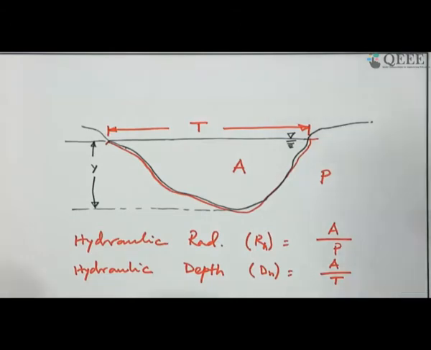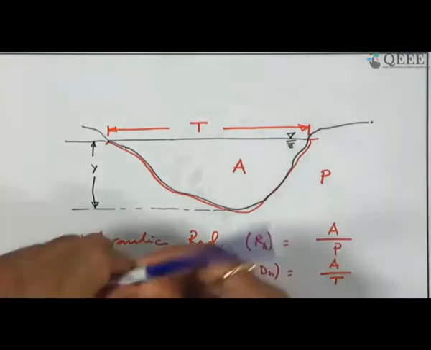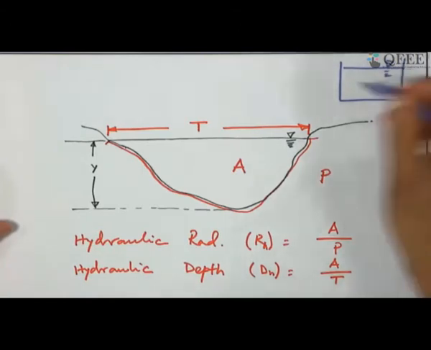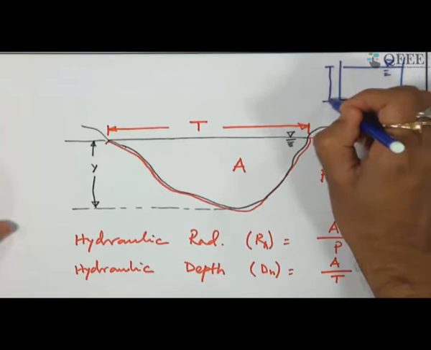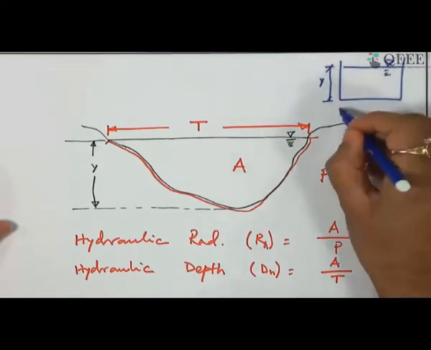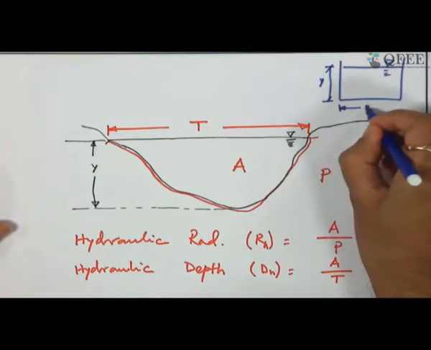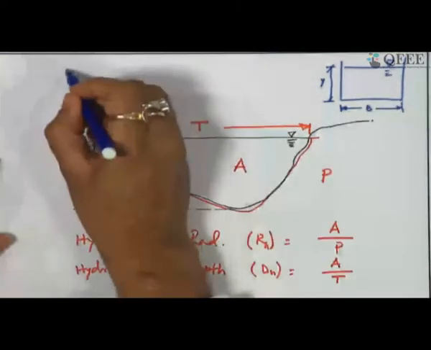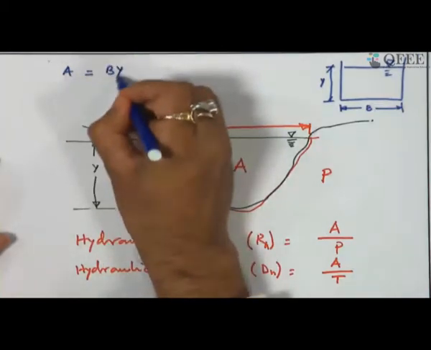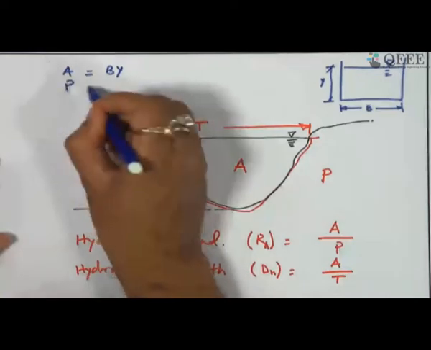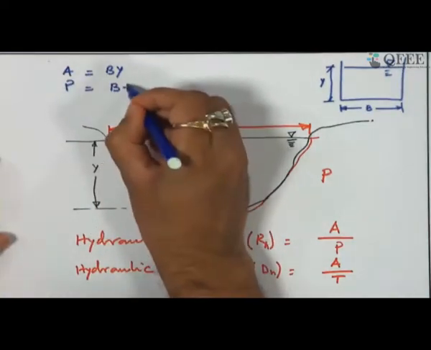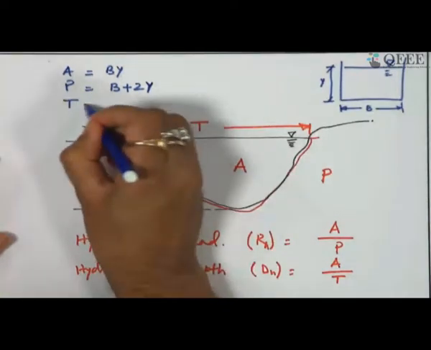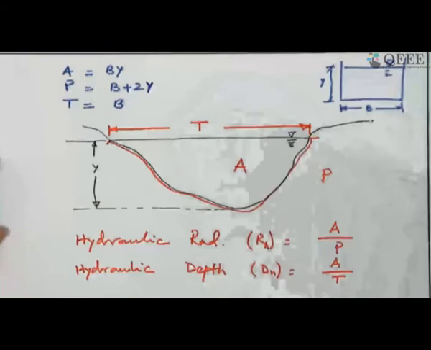So, for a simple rectangular cross section, where y is the depth of flow and b is the width of the channel, we can say that this A is b into y and wetted perimeter is b plus 2y, and in this case the top width is equal to the width of the channel.